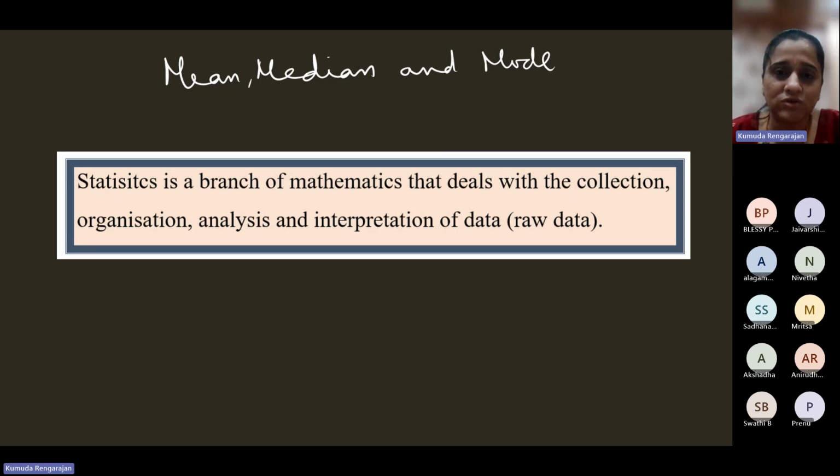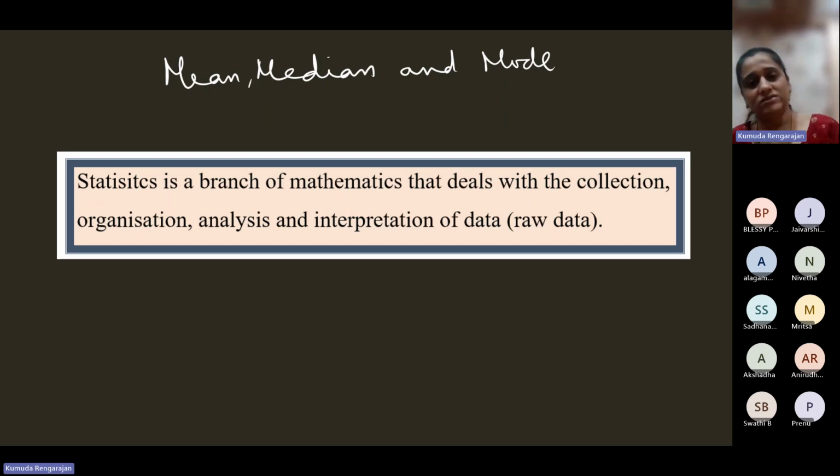So analysis is done by finding out the mean, median, or mode for that data. These are the 3 methods of analyzing the data.